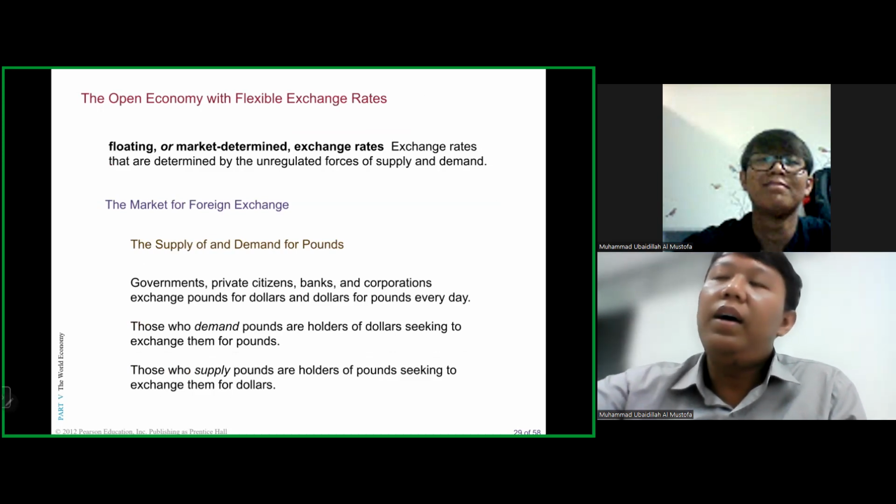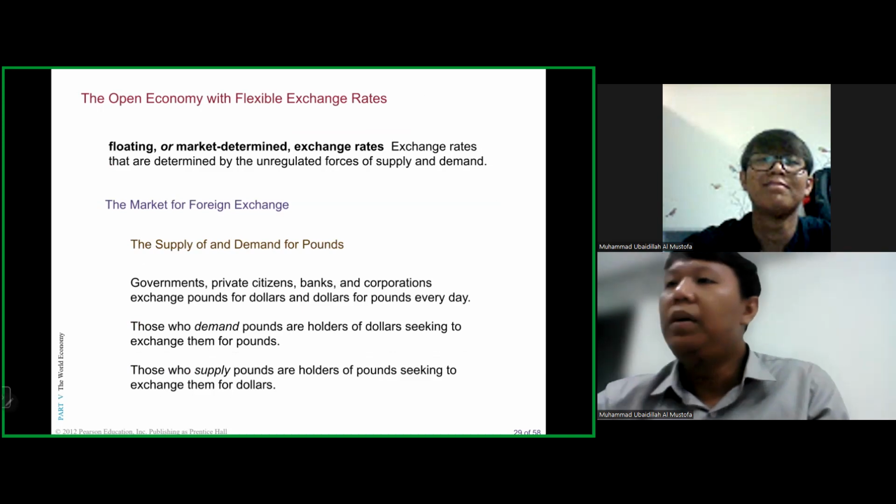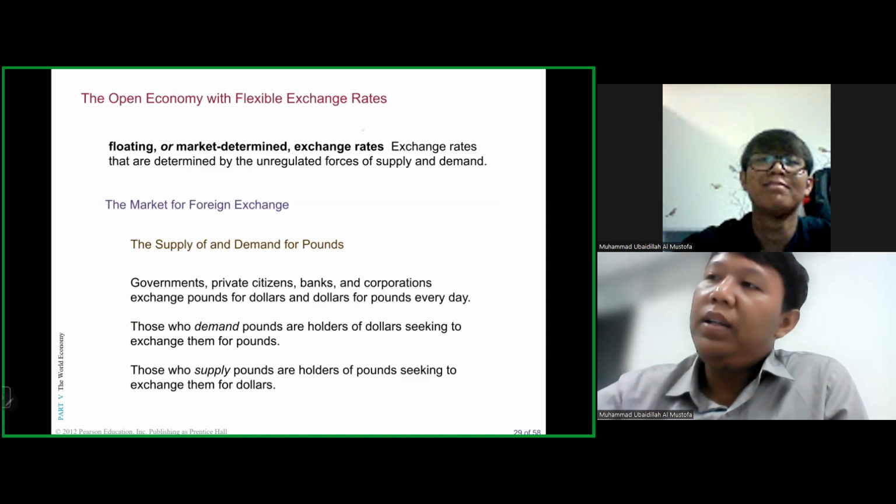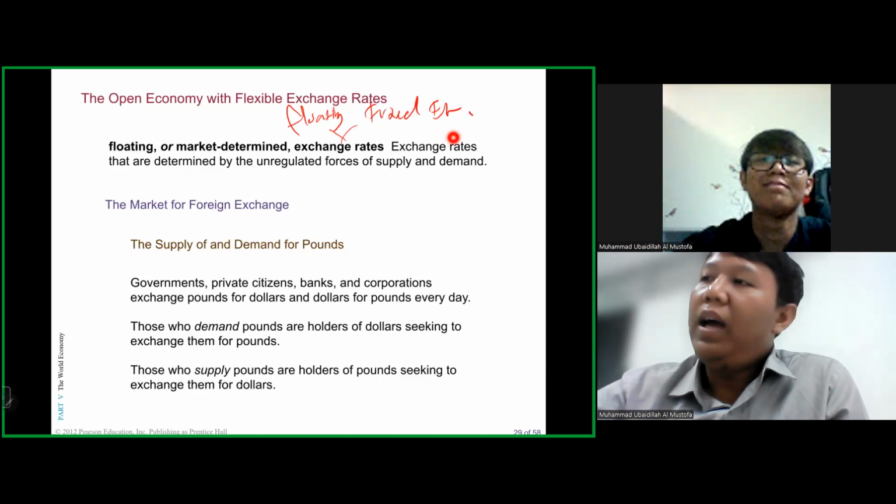Okay, so guys, we have a lot of types of exchange rate. The most famous one is the floating exchange rate, and we also have the fixed exchange rate. I explained before in the class examples of countries that are using a fixed exchange rate.